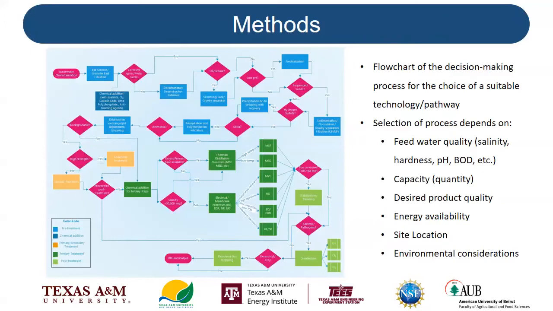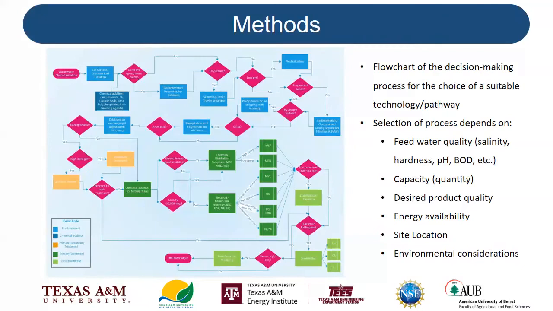We started with wastewater characterization, because we needed to know what the wastewater is. Then we put it through different methods for pre-treatment of the wastewater, then removal of organics, and finally removal of salt content, the TDS content.